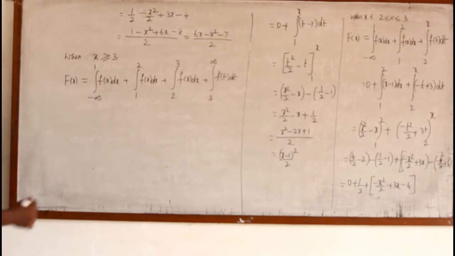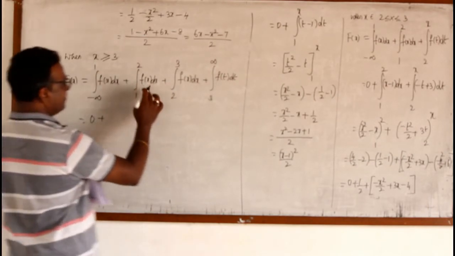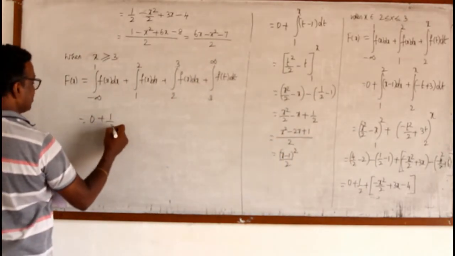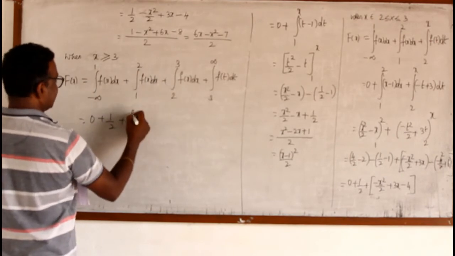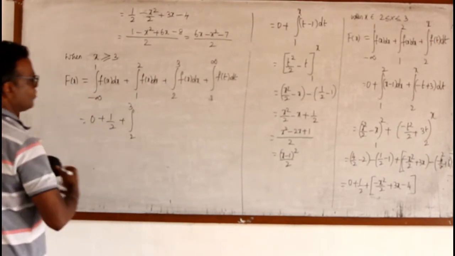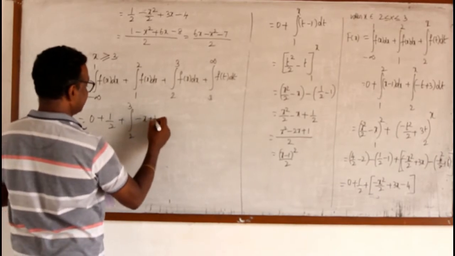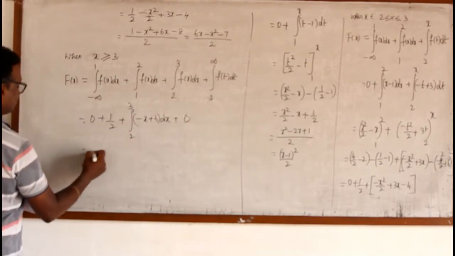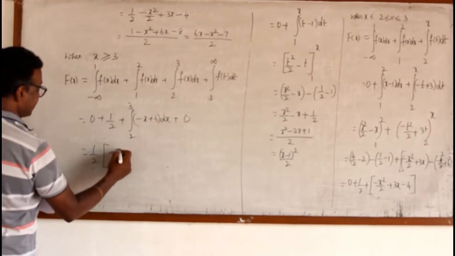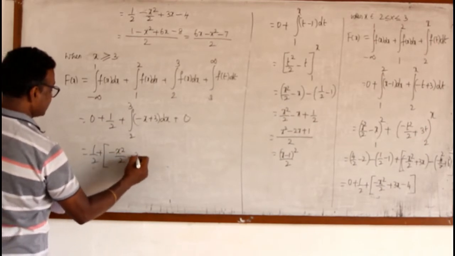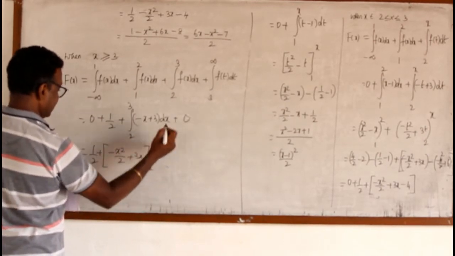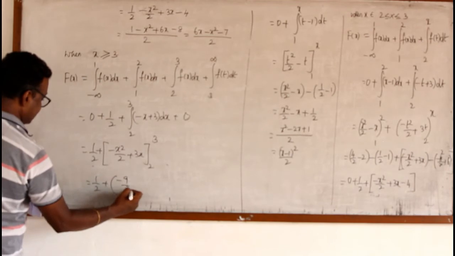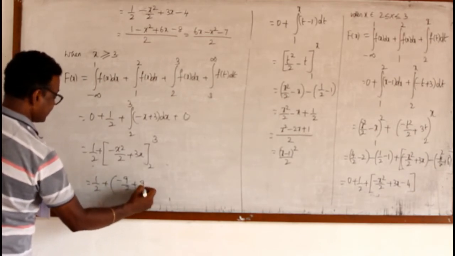Now this is 0. We found that one is 1 by 2. And this one is the integral from 2 to 3, where the function is minus x plus 3. And the last one is not at all existing, so it is 0. So it is 1 by 2 plus the integral of minus x square by 2 plus 3x from 2 to 3. All the remaining are 0. 1 by 2 plus, 3 square is minus 9 by 2 plus 3 times 3, plus 9.